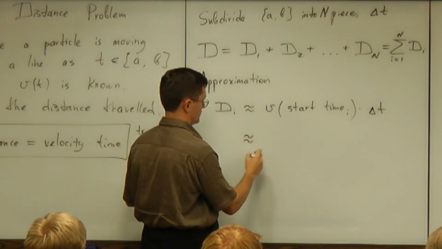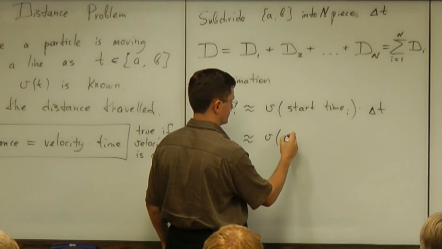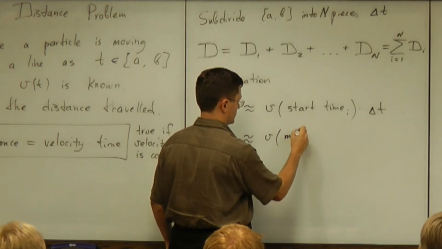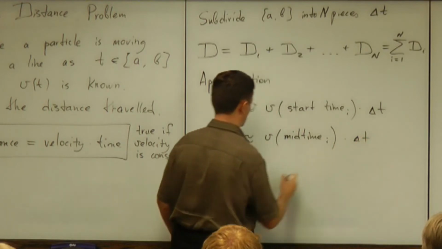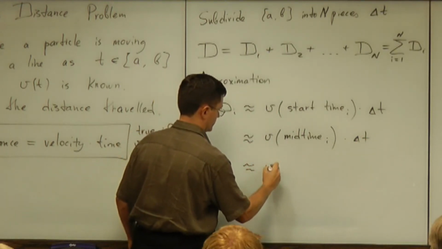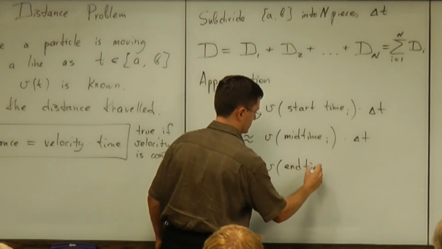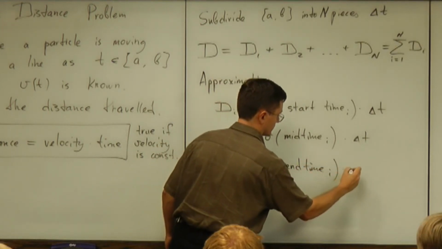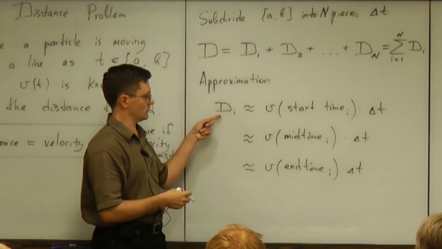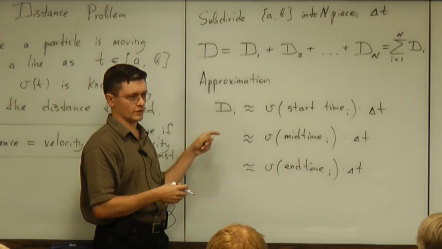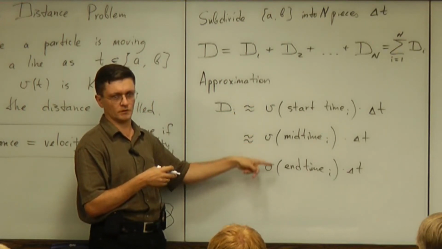Or we can say it is approximately velocity at the mid time times delta t, or it is approximately velocity at the end time times delta t. And what makes me say that the distance traveled along the short interval is approximately any of those?